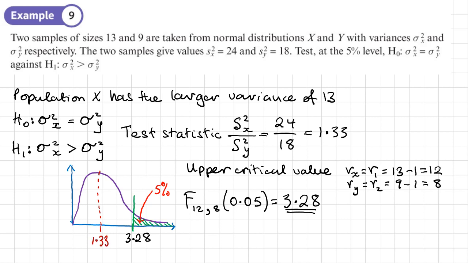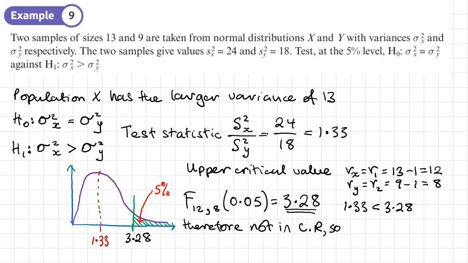So we need to show that. We'll say that 1.33 is less than 3.28, therefore not in the critical region. I'll just write CR.